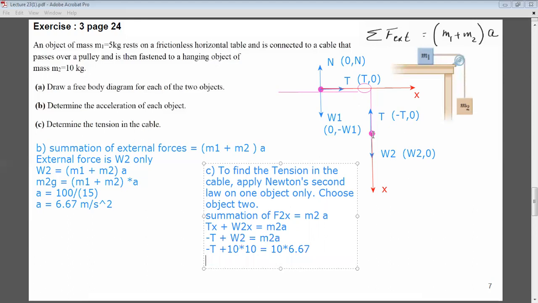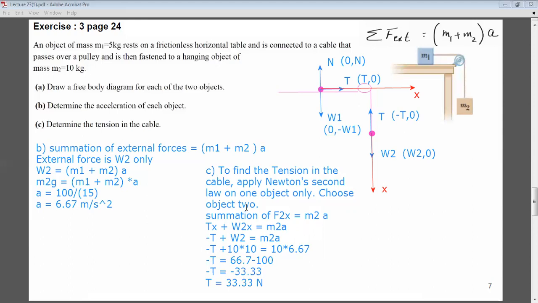So I get minus T equal to 66.7 minus 100, so minus T is equal to minus 33.33, which means T is equal to 33.33 newtons.